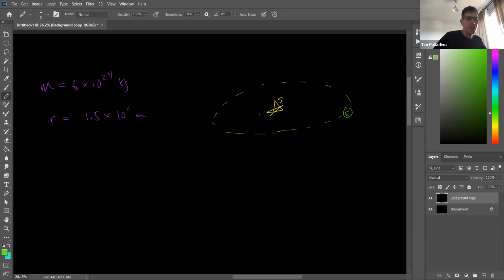So when they say orbital, what kind of speed are they looking for? Are they looking for angular velocity, or are they looking for tangential velocity? Would it be tangential since Earth is at that specific spot on the whole orbit?